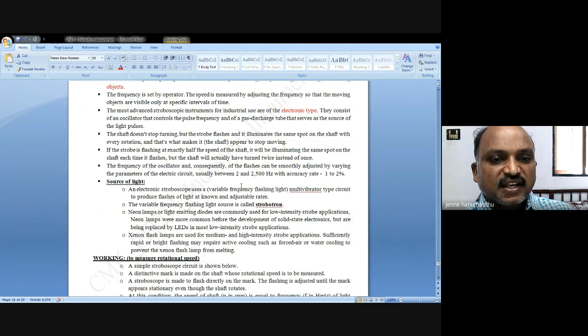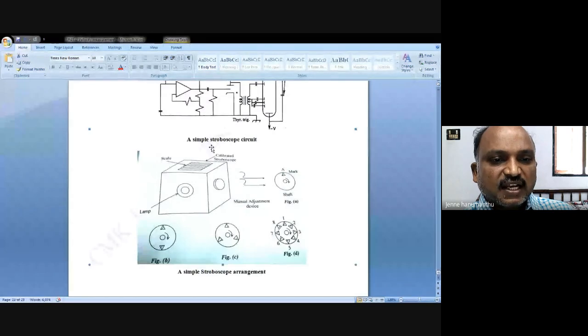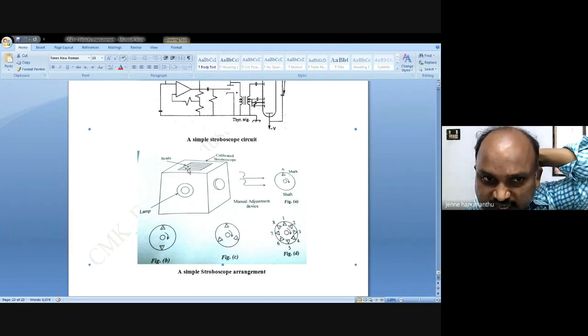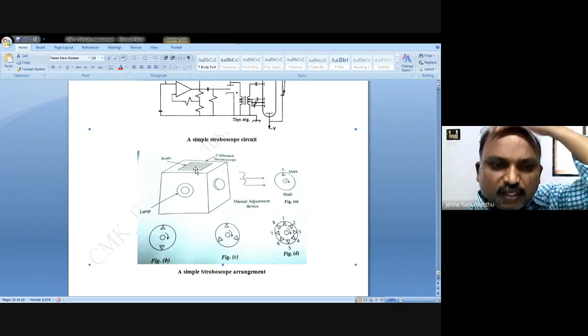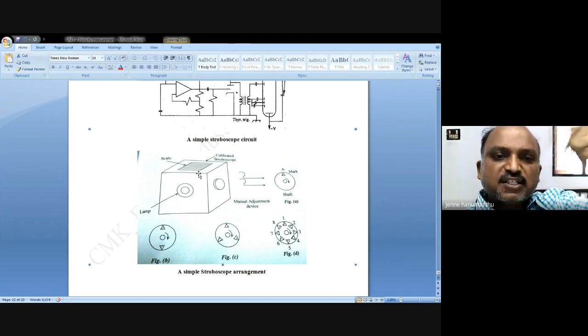What is there in this diagram? This is the simple stroboscope arrangement. This is a scale, calibrated in terms of RPM or flashes per minute. And this is the lamp.